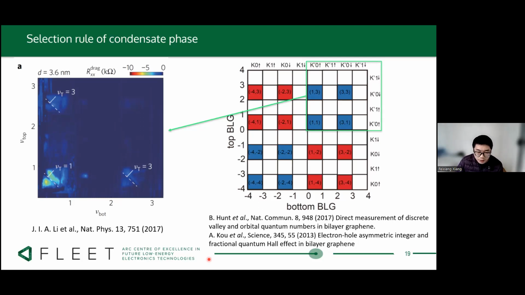But most measurements we are doing are in transport. So in the following few slides, I will show how we use transport measurement to determine the quantum states for each quantum Hall filling factor.